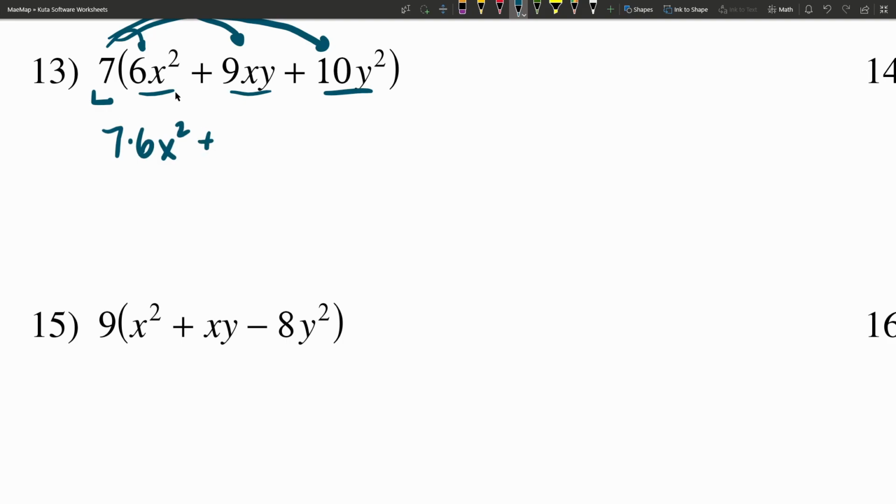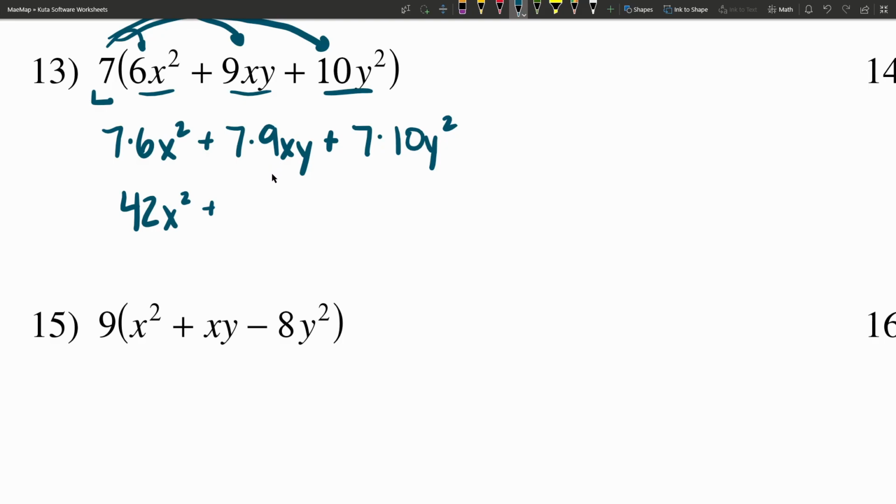Then we're going to add that to 7 times 9xy, and then we're going to add that to 7 times 10y squared. Doing out this math, 7 times 6 times x squared, the 7 and 6 can be combined to get us 42, so that's going to be 42x squared. We're going to add that to 7 times 9 times x times y.